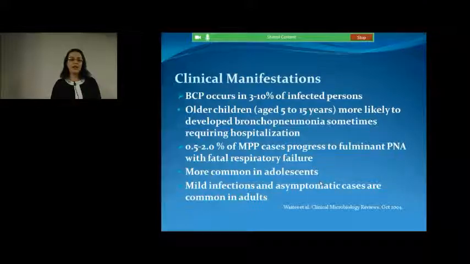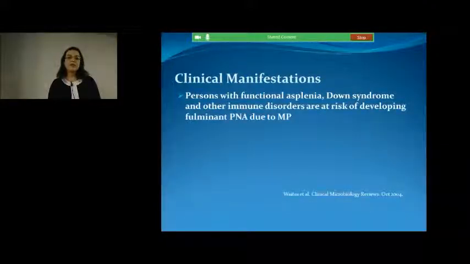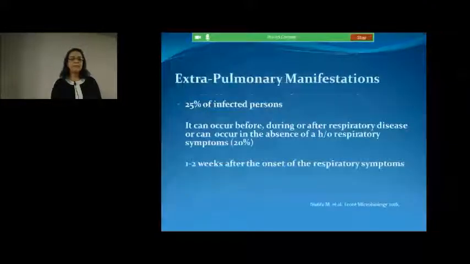It's more common in adolescents, while the mild infections and asymptomatic cases are more common in adults. Persons with functional asplenia, Down syndrome, and other immune disorders are at risk of developing fulminant pneumonia due to Mycoplasma.